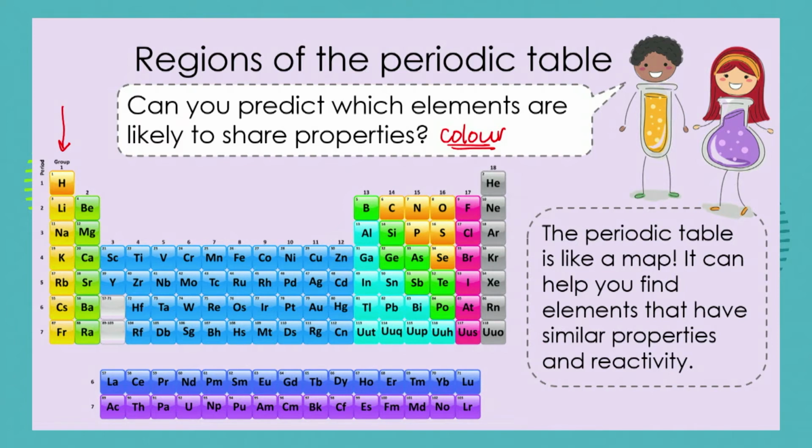I want you to think of the periodic table like a map, and we're going to come back to this idea in our next few lessons and really see this as a map of all the elements. Now, if I were to show you a map of the world, or even of one continent, say Africa, and I was to ask you, where do you predict the hottest temperatures are going to be?